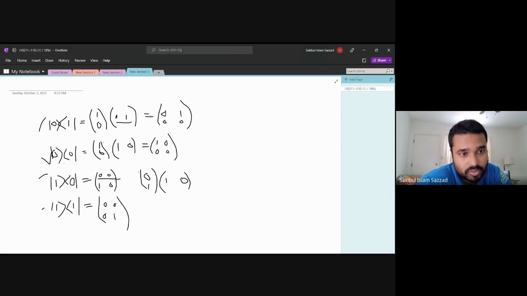For 0 0 there is only 1. For 0 1 there is 1 on the top right corner, for 1 0 there is 1 on the bottom left corner, and 1 1 for the bottom right corner. So if we make a summation of all of these, we'll get 1 1 1 1.